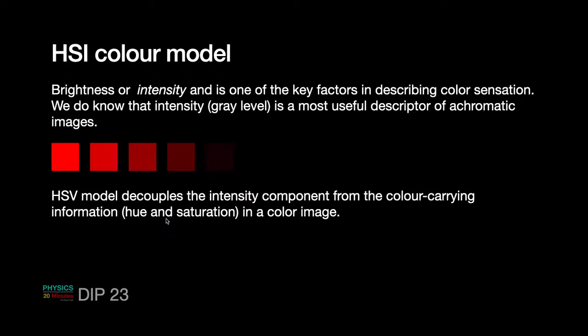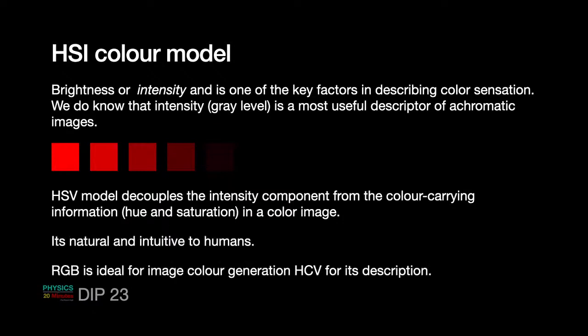So it carries intensity data, but in the HSI model, intensity data is separated, and that is why it becomes a very interesting and at times very useful color model. RGB is ideal for color generation, HSI for its description.